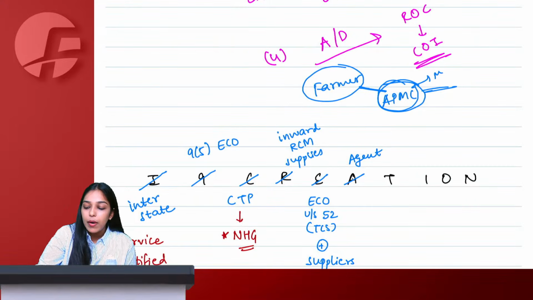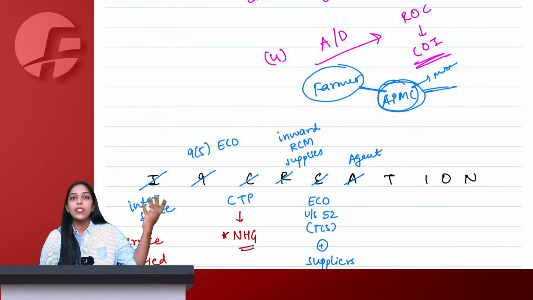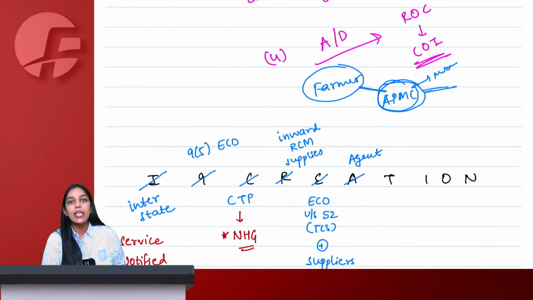Then I am not required to take registration. So basically the point is not saying that every agent has to take registration. Every agent is not required to take registration. Best example is an APMC commission agent, because for an APMC commission agent, his supplier is also not taxable. The products they are dealing in are also not taxable. Whatever commission this agent is receiving is also not taxable. Therefore, he is not required to take compulsory registration.